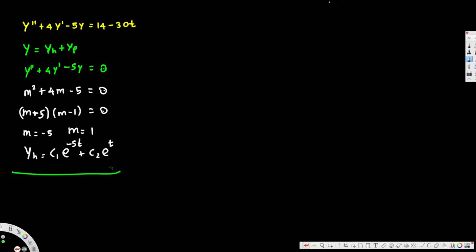To find out the particular solution, it's based on the thing that comes after this. Here we have a constant and also we have a t value. It means we have to put an equation like this: at plus b. For example, if you have t square, then it will go like at square, and the derivative of that one, that's bt, then the derivative of that one, that's another constant, plus c.